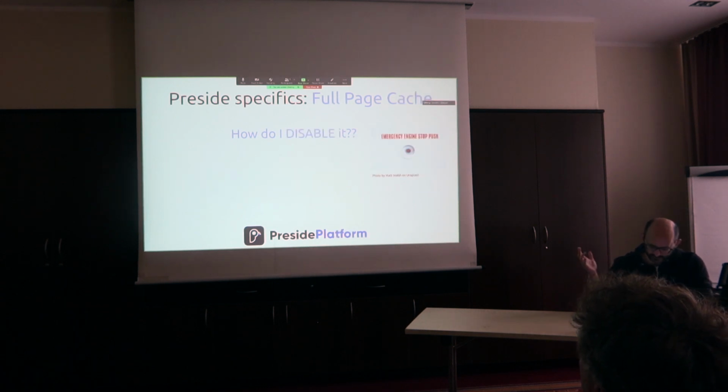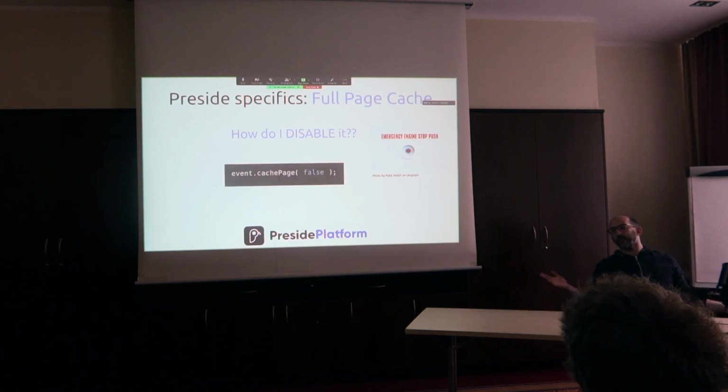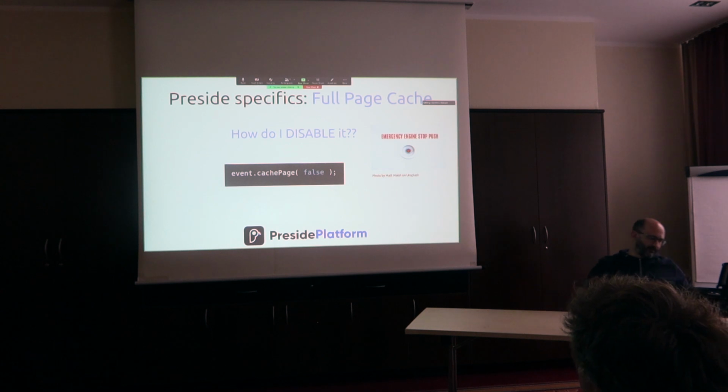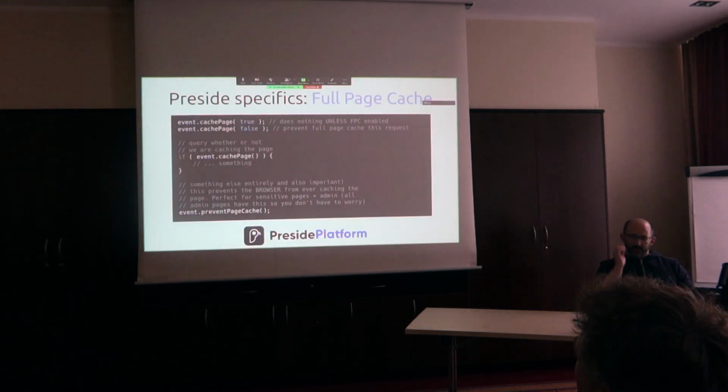How do I disable it? Well, you can disable it globally by switching that feature off, but on a per request basis, you can prevent full page cache happening with event.cachepage. Now this is point of confusion number 1.